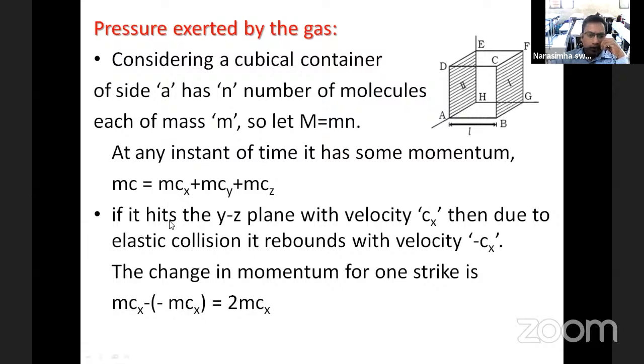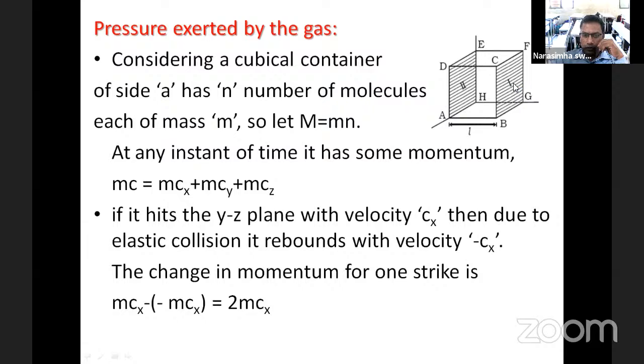Suppose it hits the YZ plane. Here this is the x-axis, y-axis, z-axis, and the YZ plane is this one, CFGB. The particle is moving along the x-axis with a certain velocity Cx and collides with this plane.